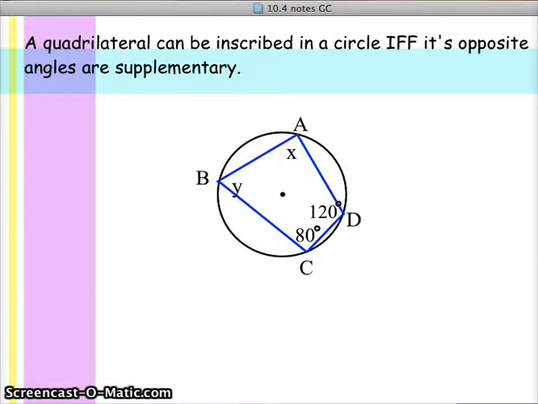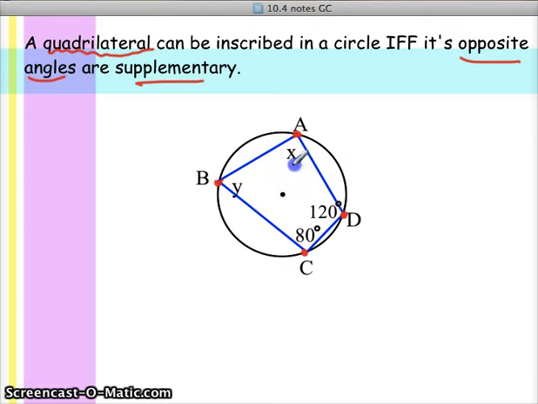Then if you have a quadrilateral, so a four-sided shape inscribed, do you see how all four of these vertices lie on the circle? That's what inscribed means. Then it says that the opposite angles are supplementary.